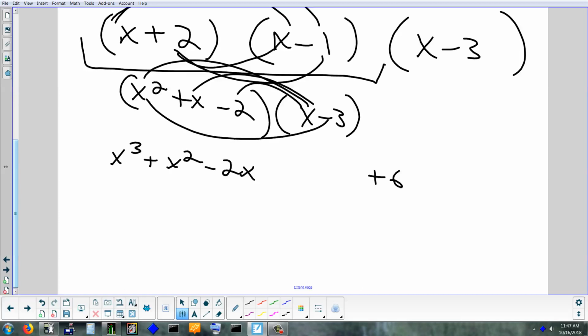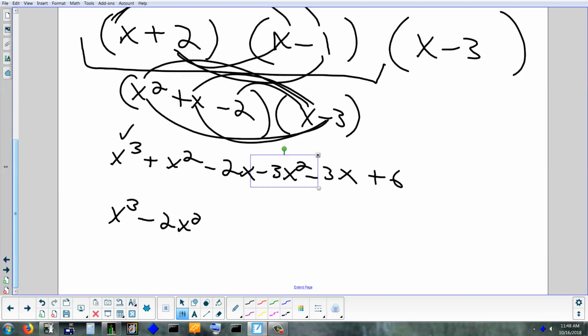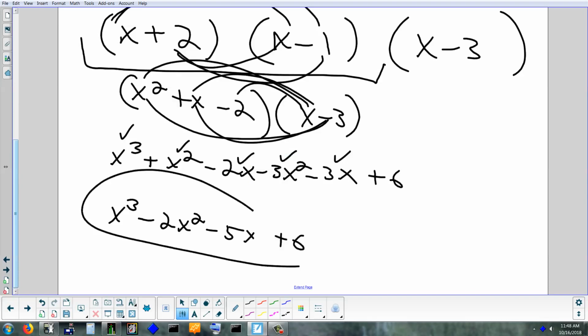And -3 times x squared, -3x squared, and -3 times x, -3x. Okay, so we get x cubed, x squared minus 3x squared. It's a minus 2x squared. What's -2x minus 3x? -5x. And the only thing left is a plus 6.